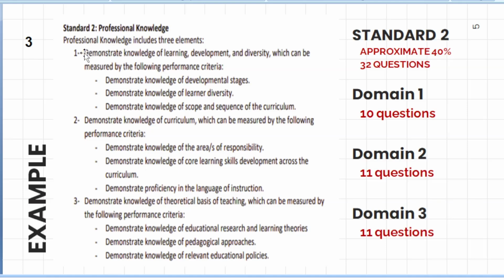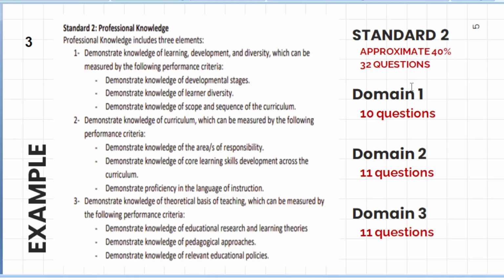Domain 1, demonstrate knowledge of learning development. Similarly, demonstrate knowledge of curriculum and demonstrate knowledge of theoretical basis. And it has been further divided into three topics, right? So there are 32 questions, which is approximately 40%.